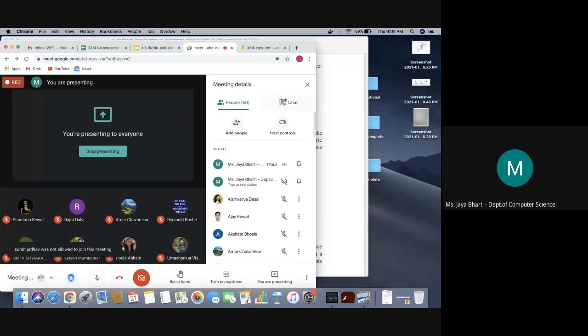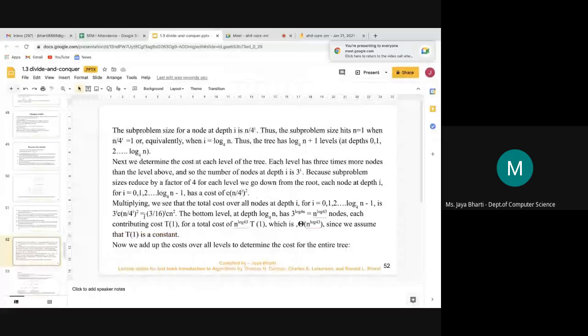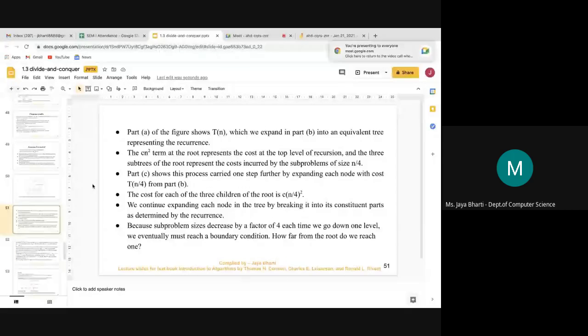Okay. So we know that we eventually are going to get the problem of size 1, but when are we going to get it?